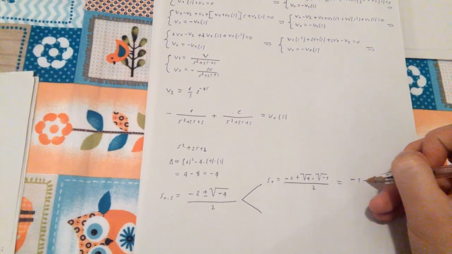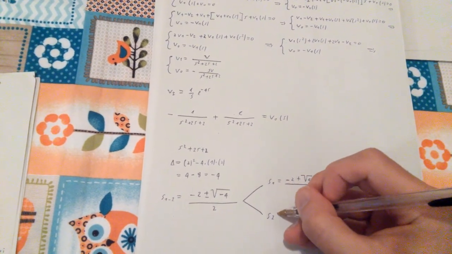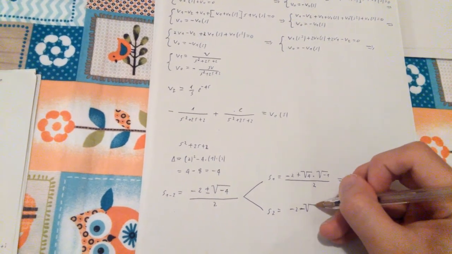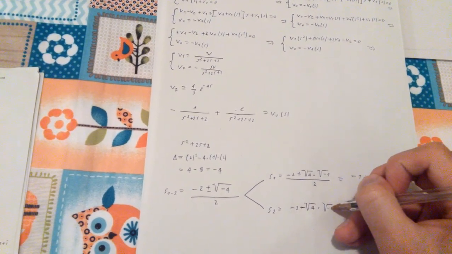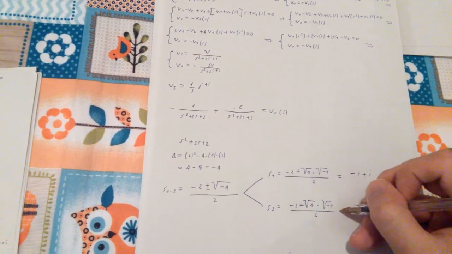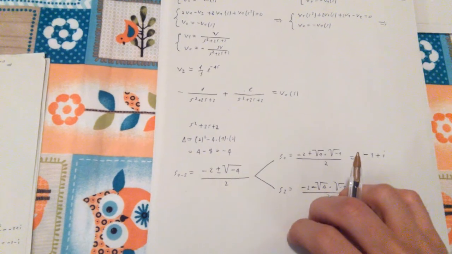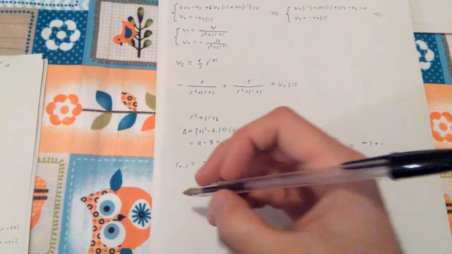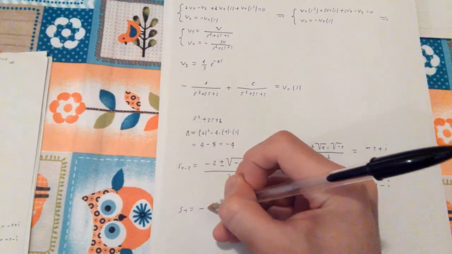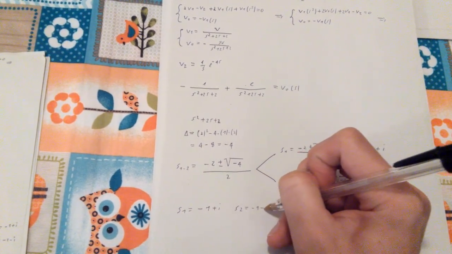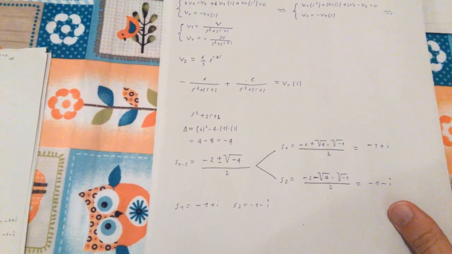Simplifying, that is negative 1 plus i, and s2 will be negative 2 minus square root of 4 times square root of negative 1, everything over 2, which will be negative 1 minus i. Now, we have found that s1 is negative 1 plus i, and s2 is negative 1 minus i.